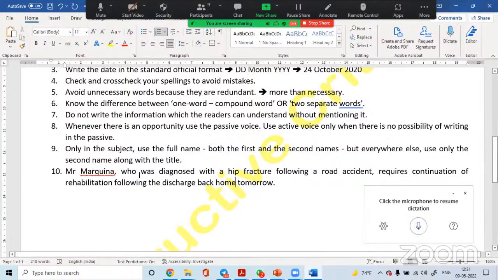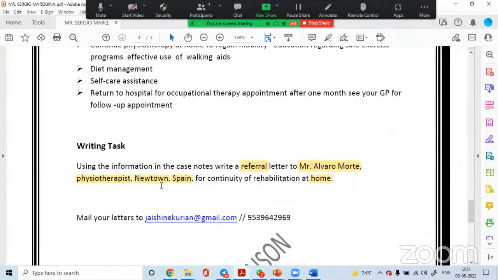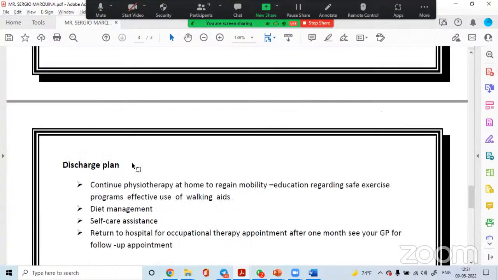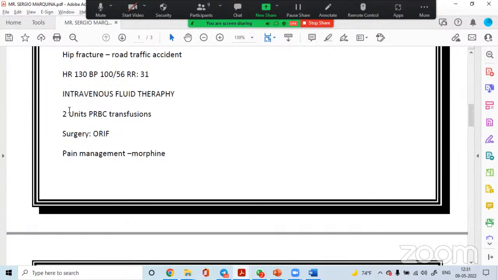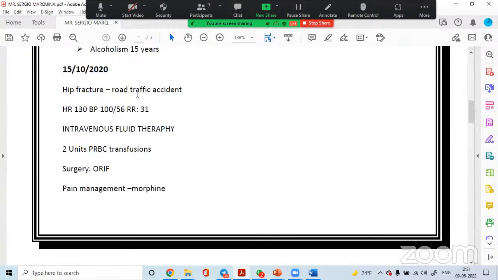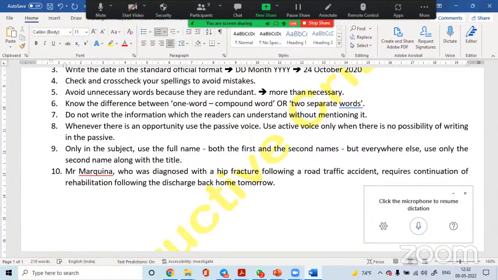Mr. Marquina, who was diagnosed with a hip fracture, following a road traffic accident, requires continuation of rehabilitation following the discharge back home tomorrow. This is enough.